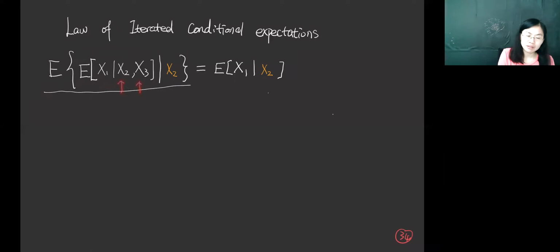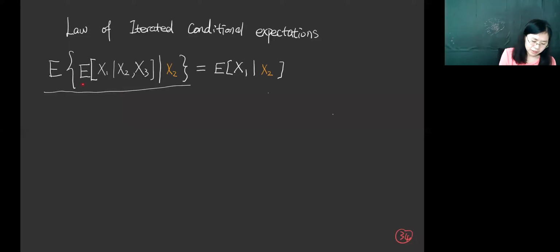That's a more finely defined group. Say, suppose X2 is gender, X3 is race, then this conditional expectation is the conditional expectation for a group defined by race and gender, say for the female white group and for the female non-white group, and for the male white group and male non-white group.